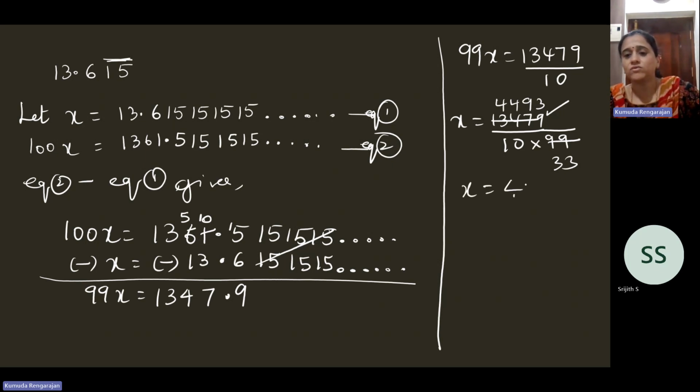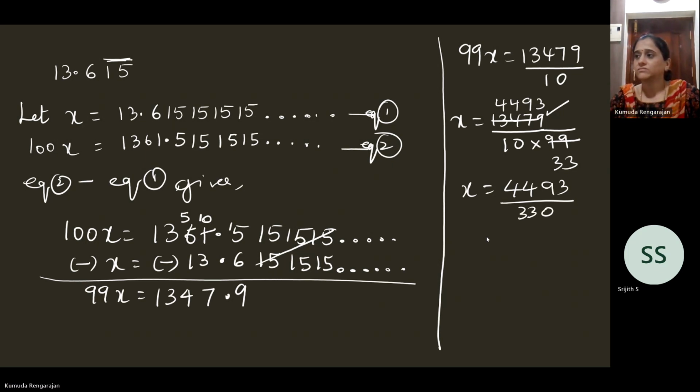So x is equal to 4493 divided by 330. Have I simplified correctly my division? 4, 1 carry over 4, 2 carried over, 3 9s are, 3 3s are this.